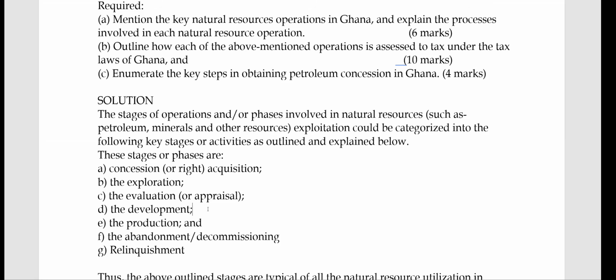Prof. Yes, please. So how do you treat depletion cost? Depletion is the same as depreciation. It's allowed for tax purposes. Successful effort and then full cost, they are expenses. Depreciation is an expense.